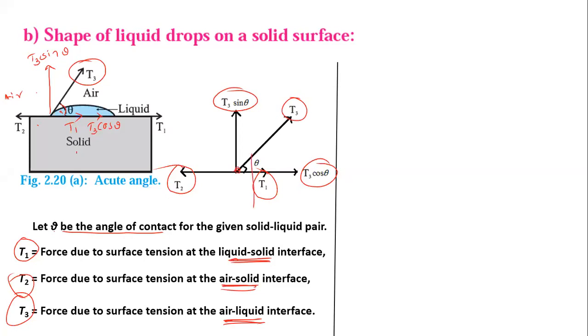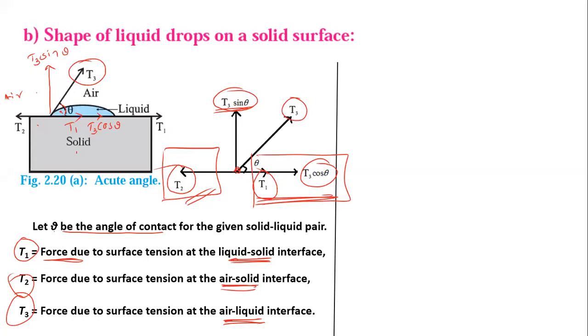It means that T1 plus T3 cos theta is equivalent to T2. So T2 and the addition of these two are equal, because the liquid drop is not going anywhere. T1, T2, T3 are the forces at the interfaces. Then the liquid molecule is at rest. It means that it is balanced. And you can say that this T3 sin theta balances the weight.